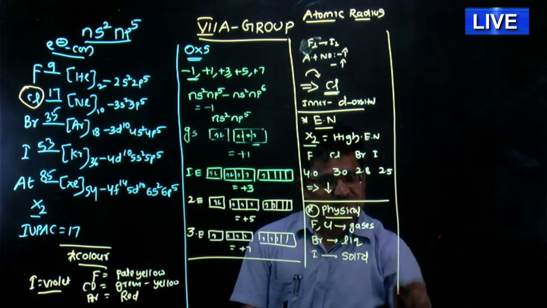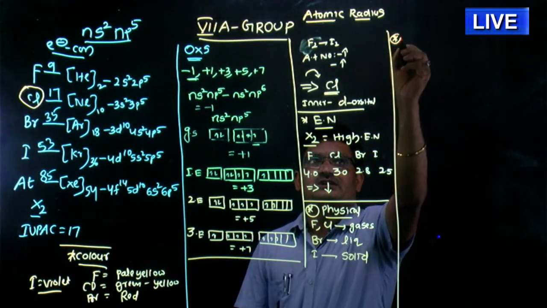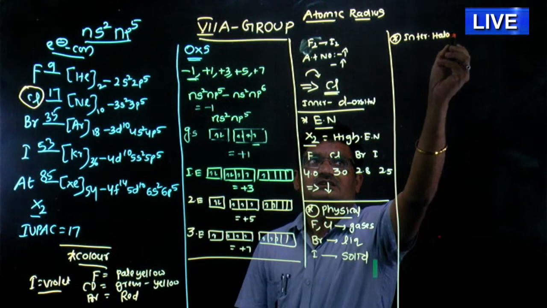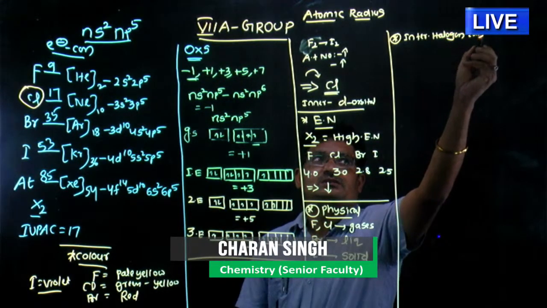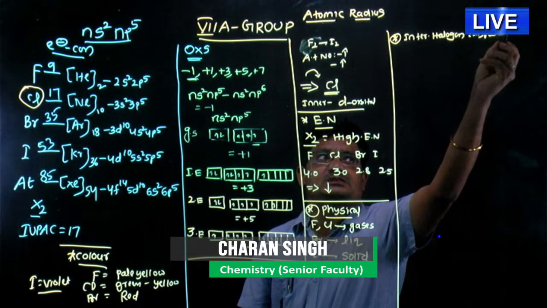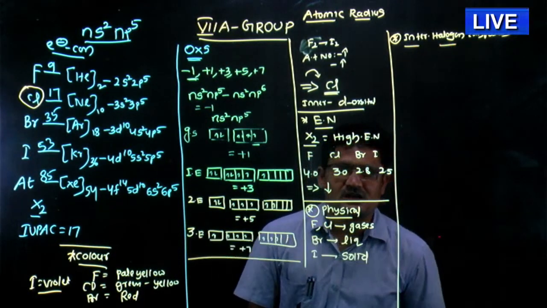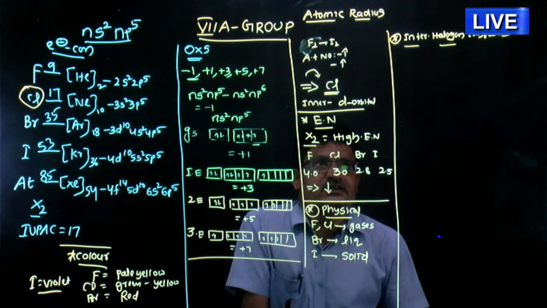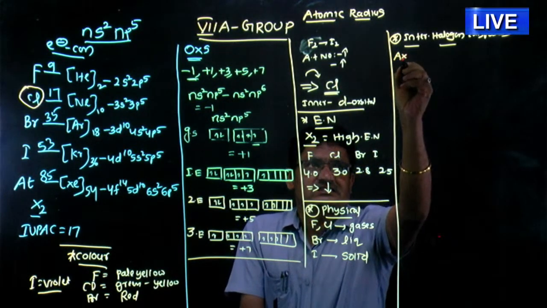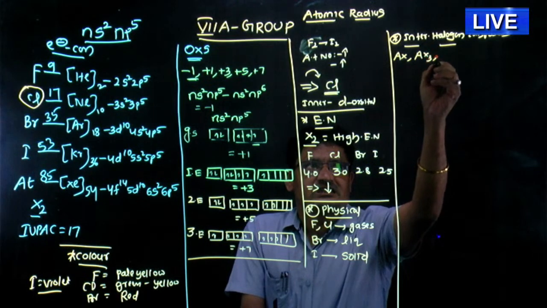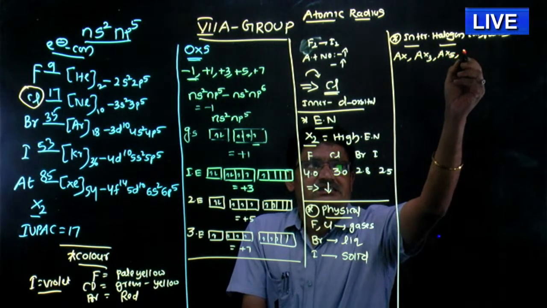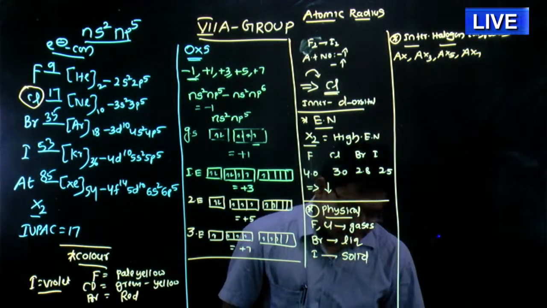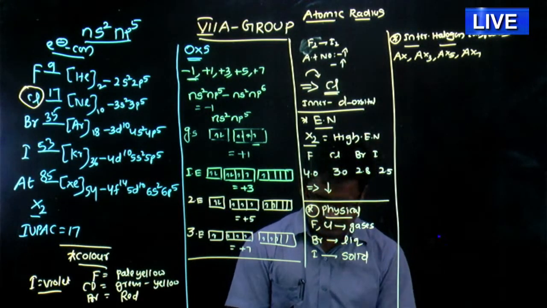These interhalogen compounds are basically 4 types: AX, AX3, AX5, AX7.